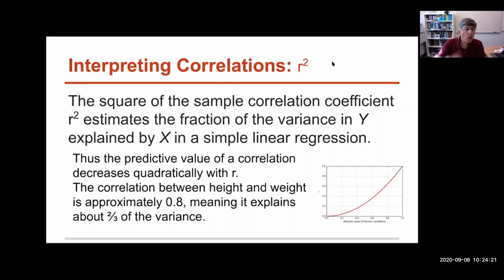In interpreting what the power of a correlation is, we usually interpret it by something called an R-squared value. R is the correlation, okay? R-squared estimates the fraction of the variance in the second variable that is explained by the first variable in a simple linear regression.